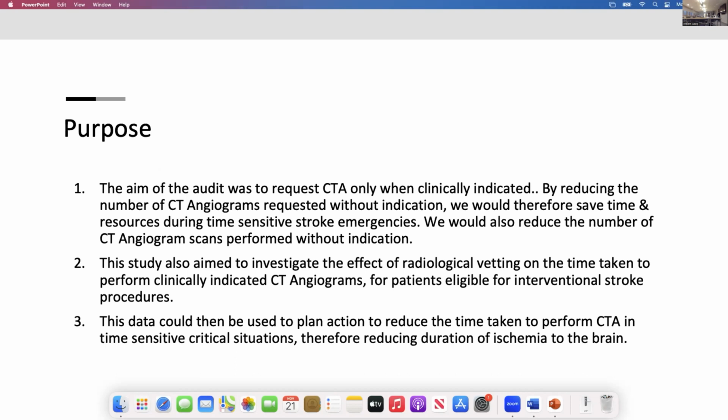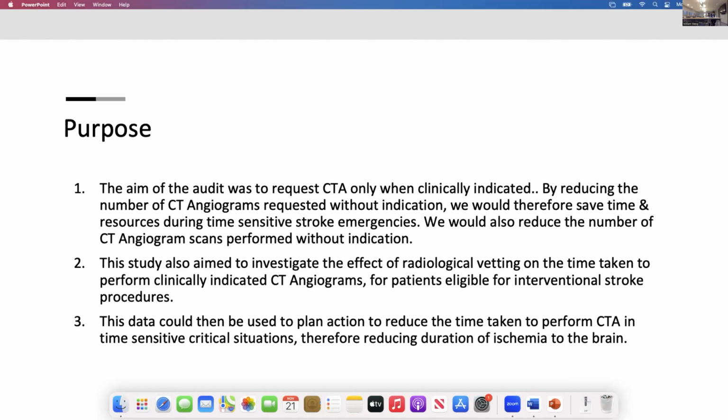Many of you might already be aware what vetting is, but I'll give you a brief overview. Whenever we want to perform a radiological scan, it doesn't just happen directly when the doctor requests it. The moment you request it, you need to speak to a radiologist, a doctor who specializes in radiology, and you need to convince that doctor that the scan is actually needed. If that radiologist thinks this scan is appropriate, then the scan goes through, and the radiographer in the scanner does the scan.